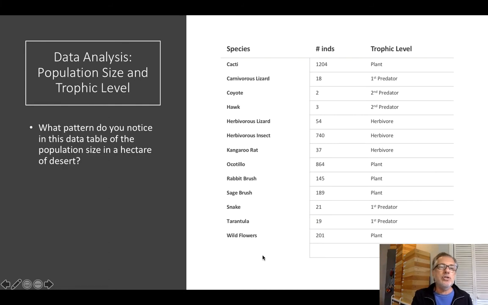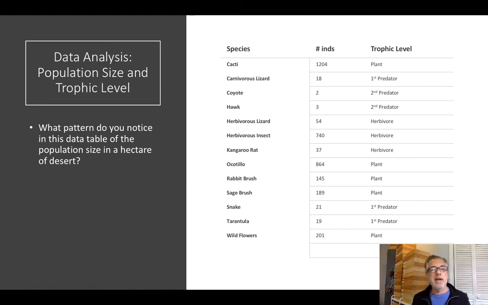And what I want you to do now is look for a pattern between the population size at each trophic level as you go up the trophic level. And you should do the math here and figure out what the pattern is by shutting off your video and then coming back to the video when you have your answer.